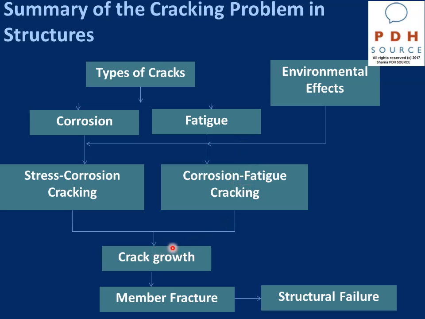The crack growth process will extend to a size that cannot be tolerated by the fracture toughness of the material, and brittle fracture will occur under stress levels that may be lower than the design stresses. This may cause a structural failure.